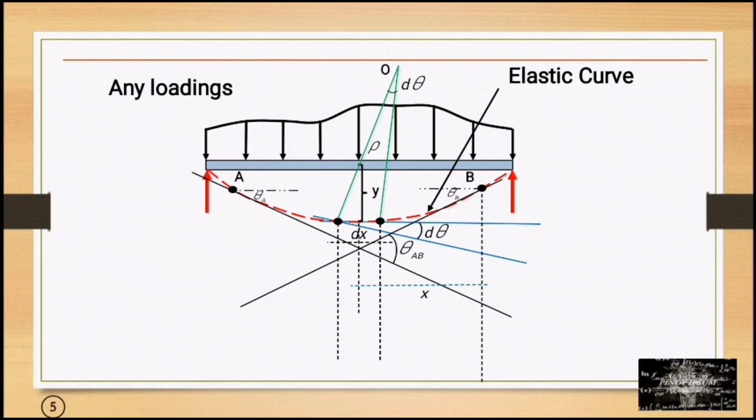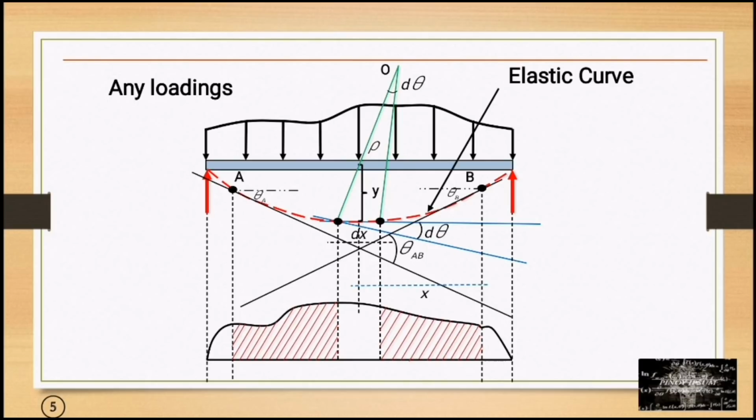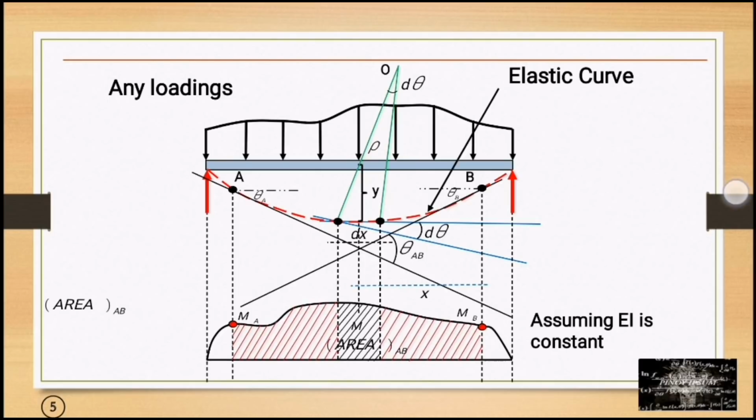We have dx, then the moment diagram. The shaded area is the area of the moment diagram between A and B. Assuming EI is constant, the area is equal to M times dx.